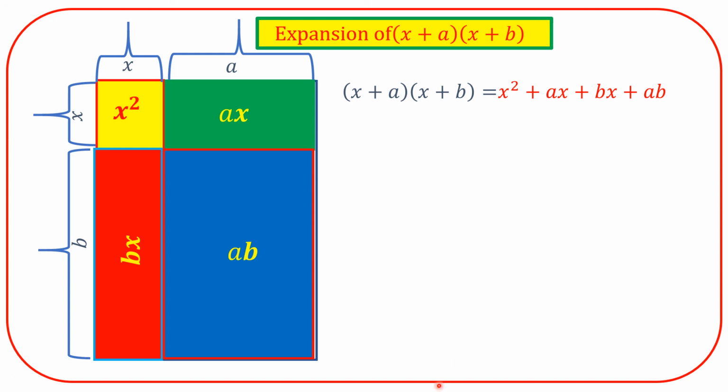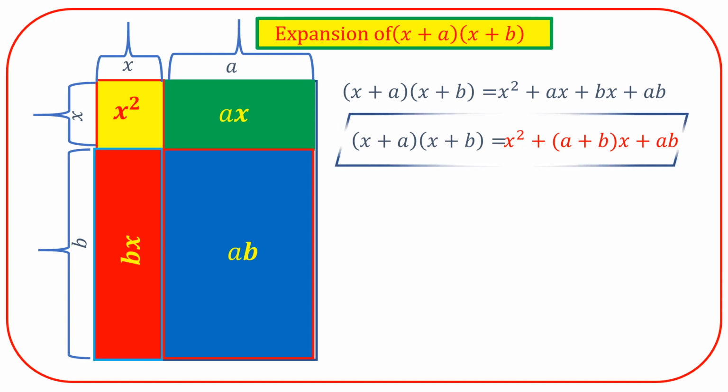Here x is common, so (x + a)(x + b) is equal to x square plus (a + b) into x plus ab.